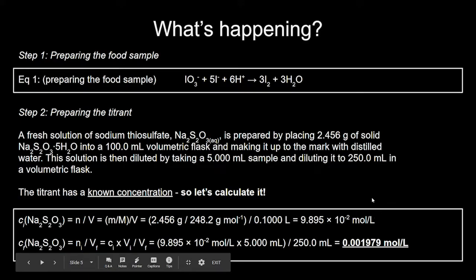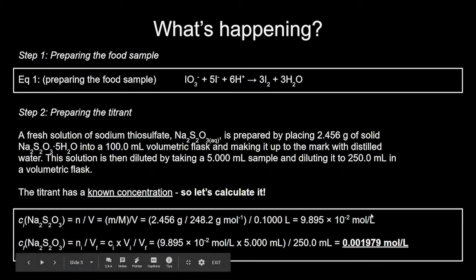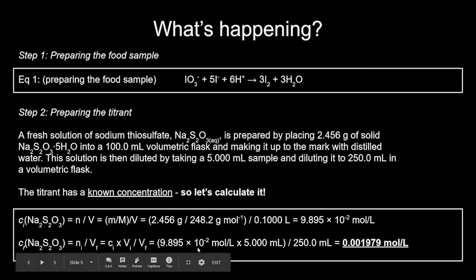Now, it's diluted once again. 5 milliliters of this solution is extracted and transferred to a 250 ml volumetric flask and filled to the mark once again. So we need to know how many moles is in 5 milliliters of this sample, and then divide that number of moles by 250 milliliters. So you can see I've done that right here.